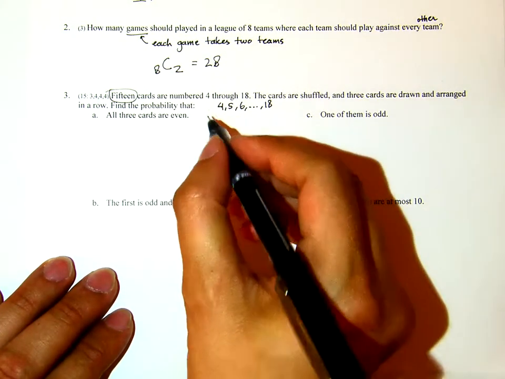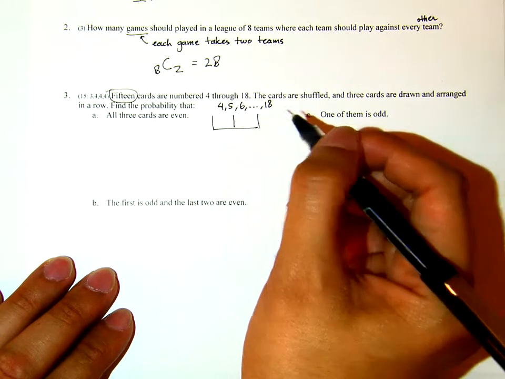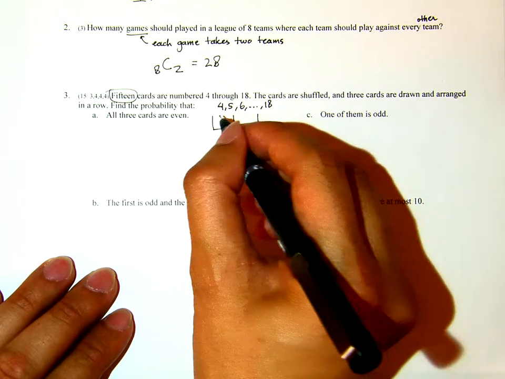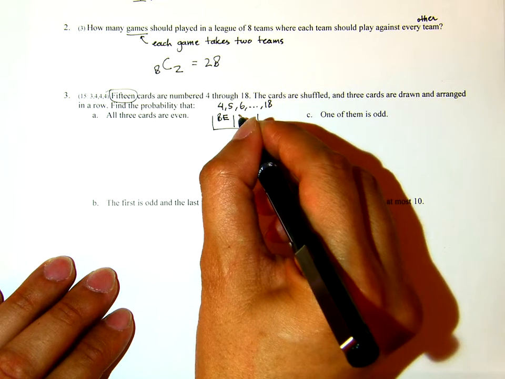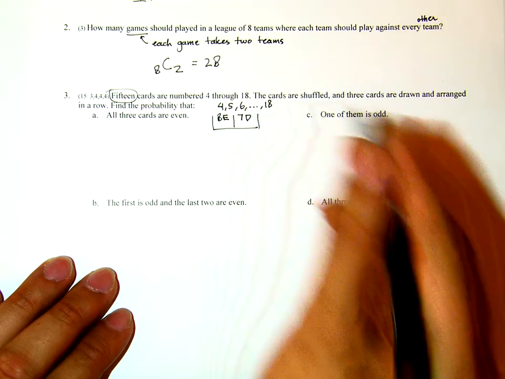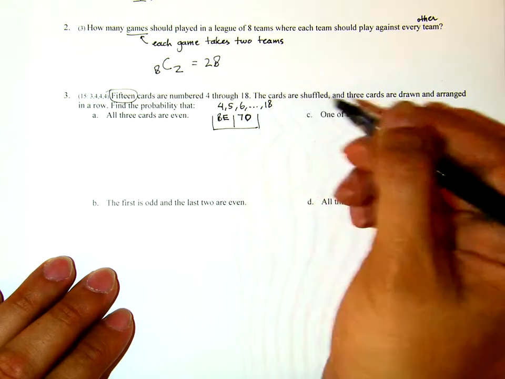Now, even and odd. How many even numbers? How many odd numbers? Out of these 15 cards, 8 of them are even, I think, and 7 of them are odd. Okay, 7 of them odd.